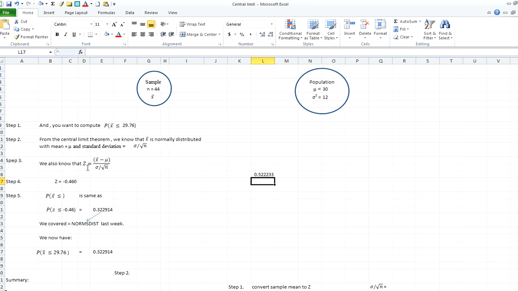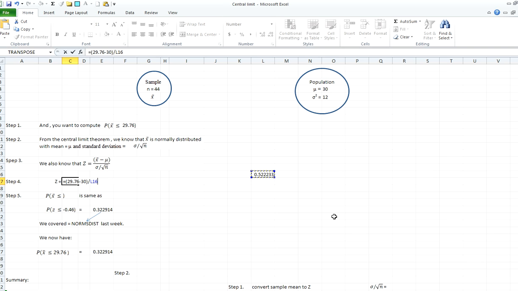To calculate z, I'm going to write it down: equal to x bar, which is 29.76, minus the population mean, which is right here, 30, in parentheses, divided by the standard deviation of x bar I calculated before.